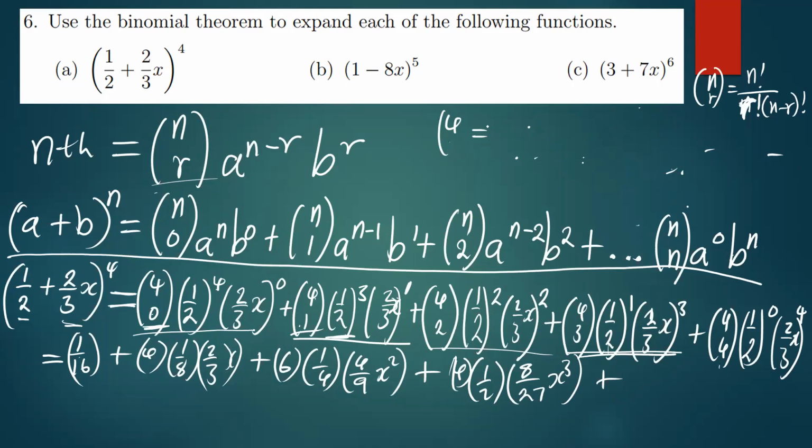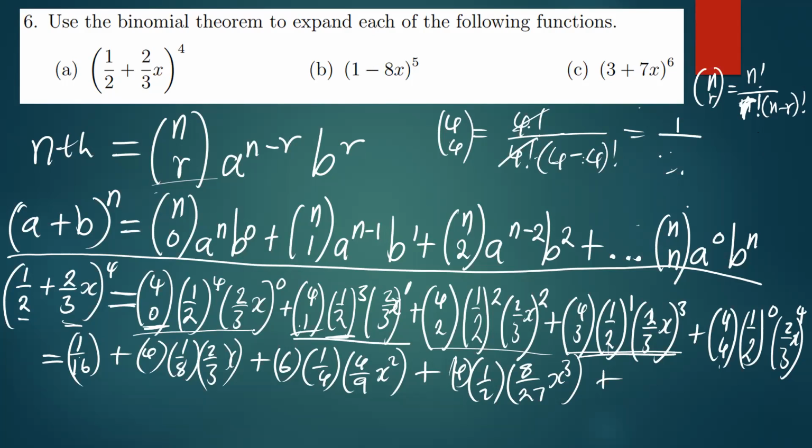So 4 choose 4. We have 4 factorial there over 4 factorial, and we have 4 minus 4 factorial. So this will be 4 factorial, this 4 factorial and that 4 factorial will cancel. So we're just going to remain with 1 on top.